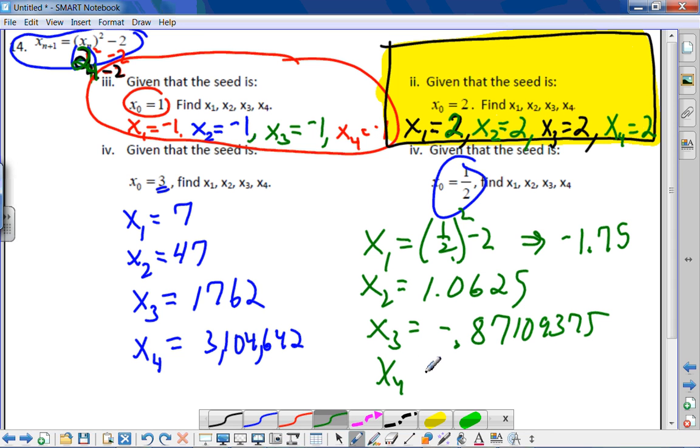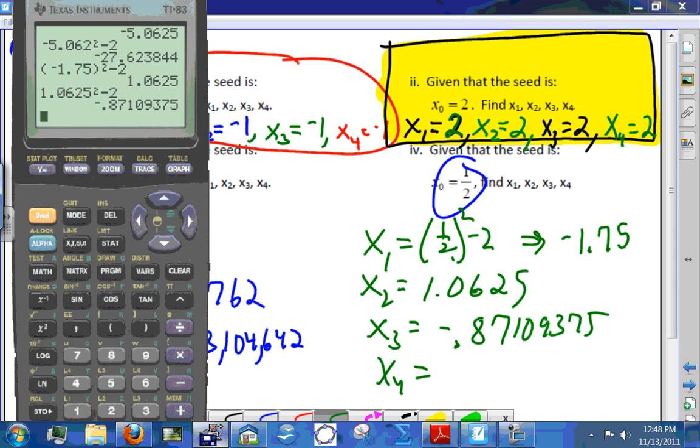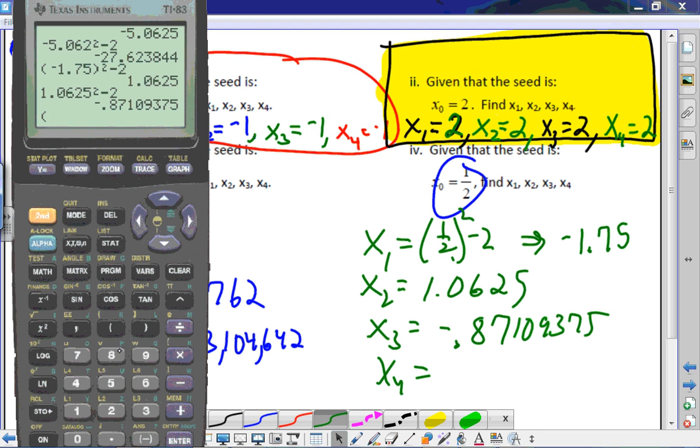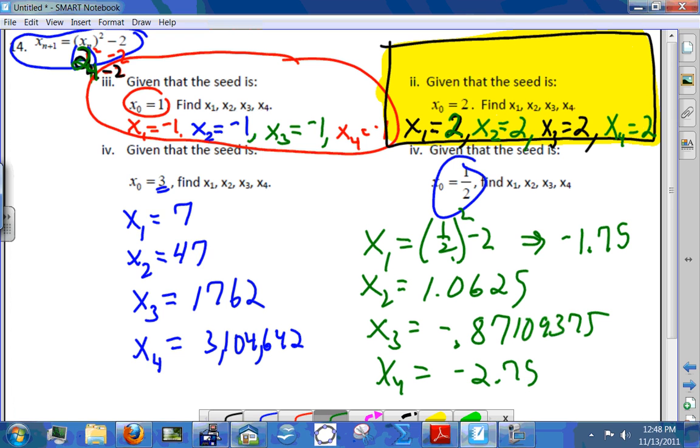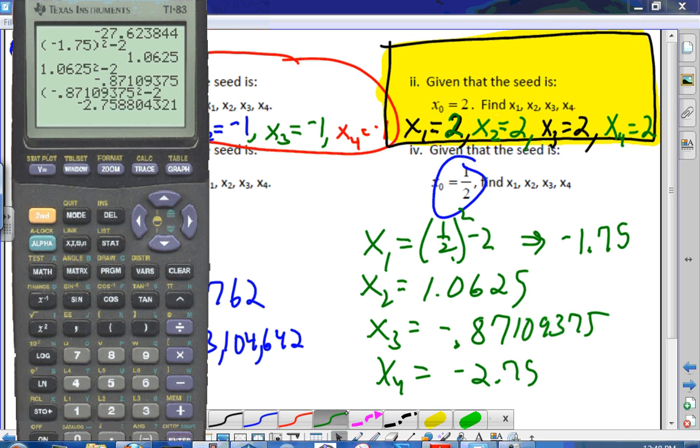And finally, the fourth iteration will be that squared. Remember, when it's negative, be sure to include it in parentheses. Decreased by 2. Negative 2.7588.